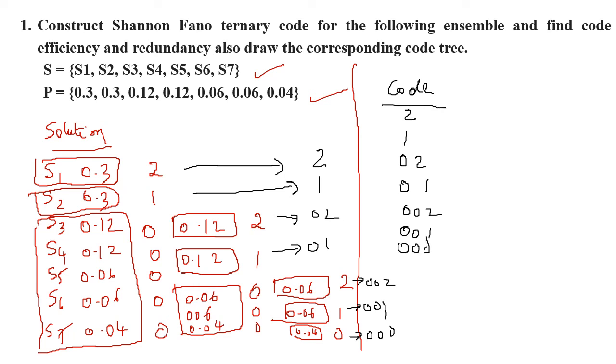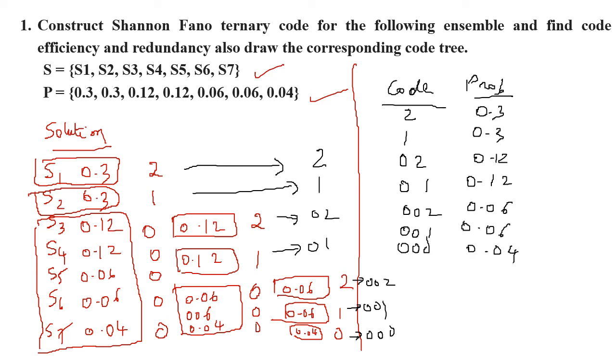So this is the code, and what are the respective probabilities? We will write it here. So probability value is 0.3, 0.3, 0.12, 0.12, 0.06, 0.06 and 0.04, and the respective length you can write it here.